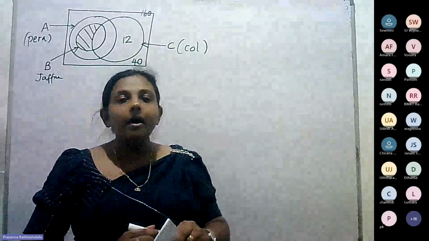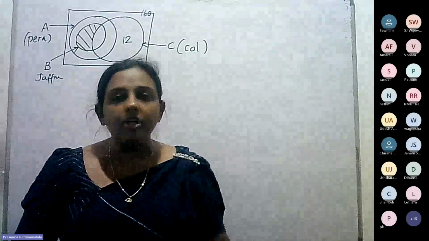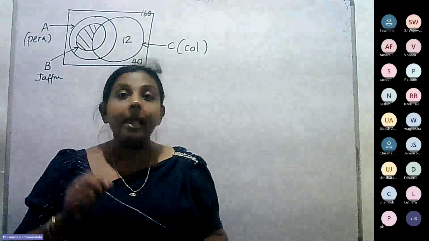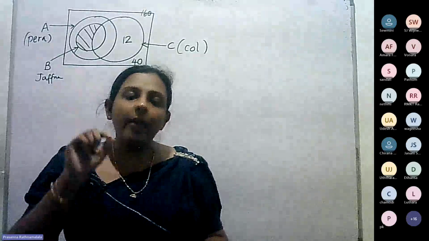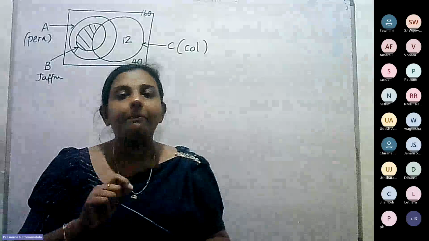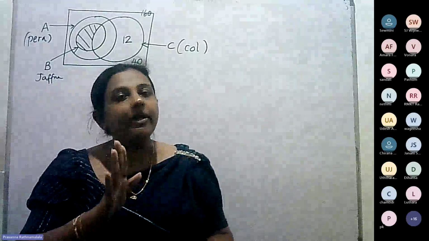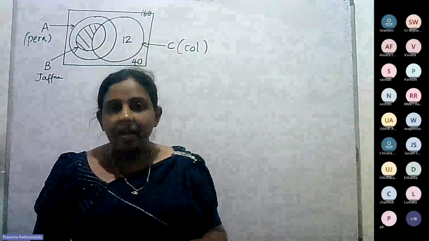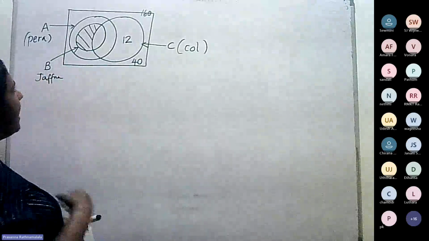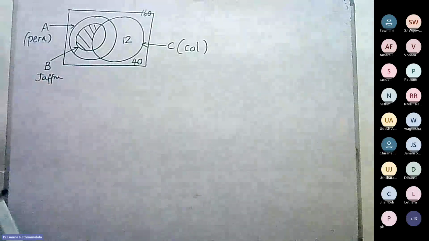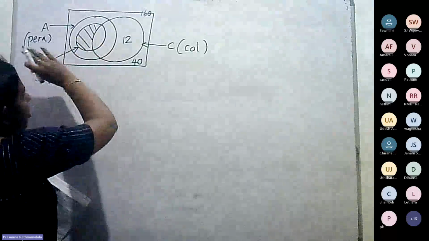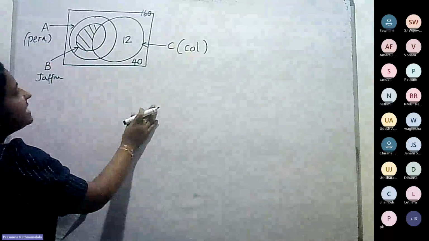What is this 25? What can you say about these 25 students? These 25 students applied to all 3 faculties. That is the intersection of the 3 sets. This is the region that intersects all 3 sets.